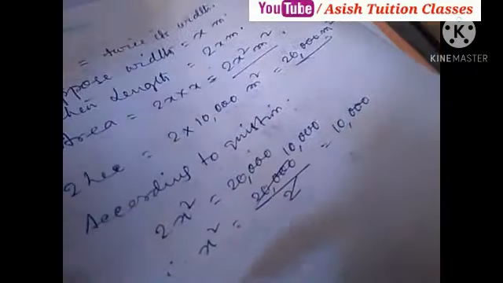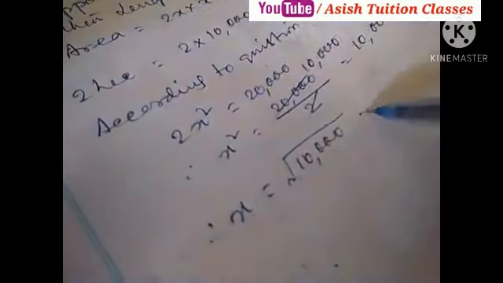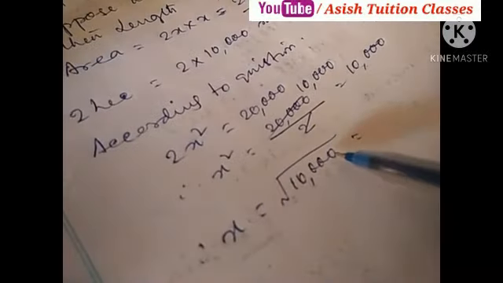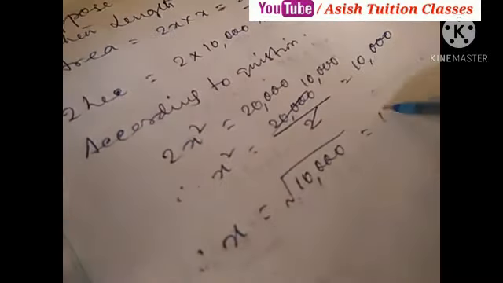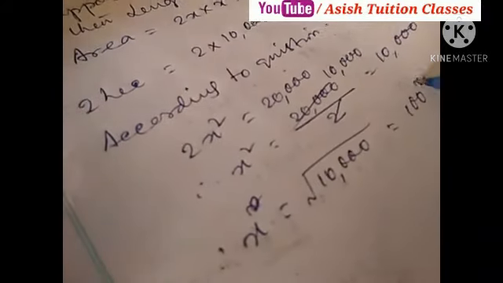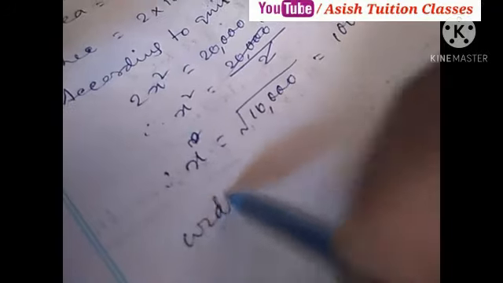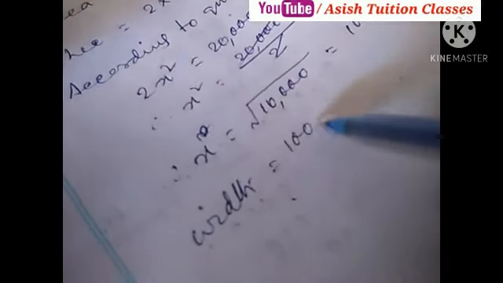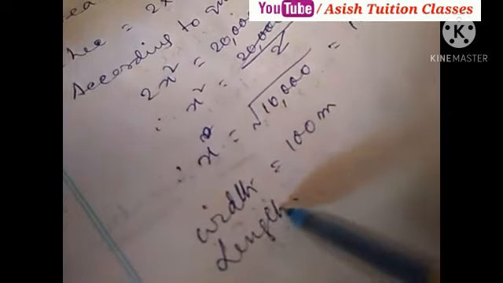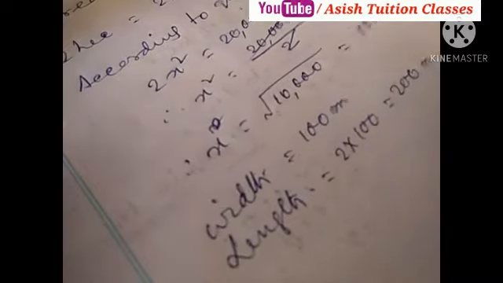So x will be equal to square root of 10,000, which is 100. So x is equal to 100 meter. So width is equal to 100 meter. Then length will be 2 into 100. This means 200 meter.